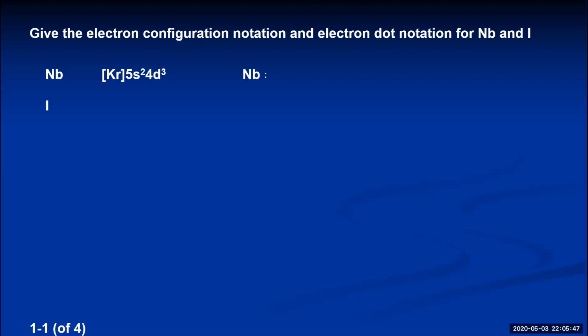For iodine, it's located in the 5p block of the periodic table, and it's the 5th element over in the 5p block, so it's going to end 5p5. If you go up one row from iodine and over to the right, you get to the noble gas krypton, and then the sublevels that contain electrons past krypton would be the 5s, so it would be 5s2.